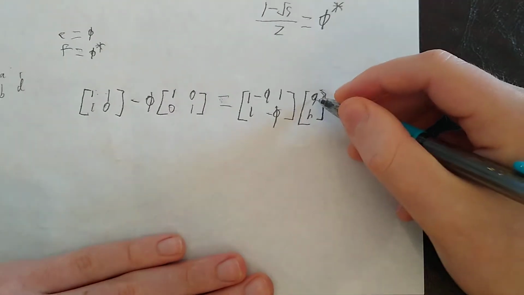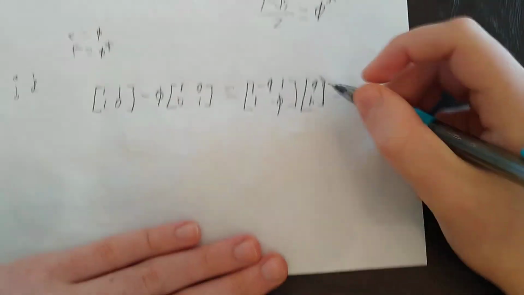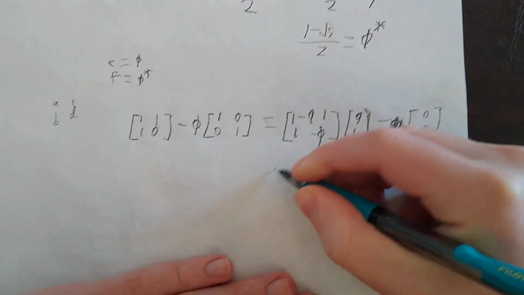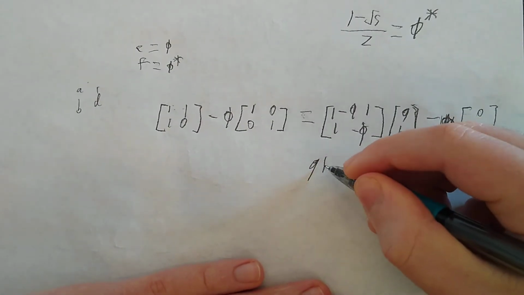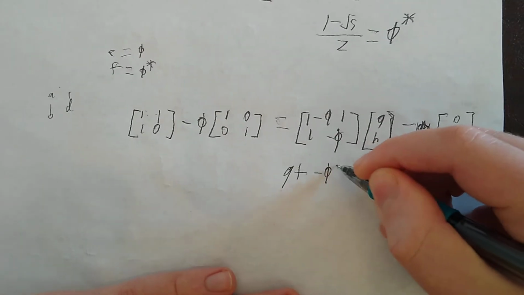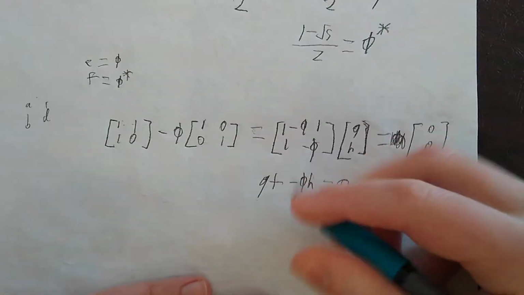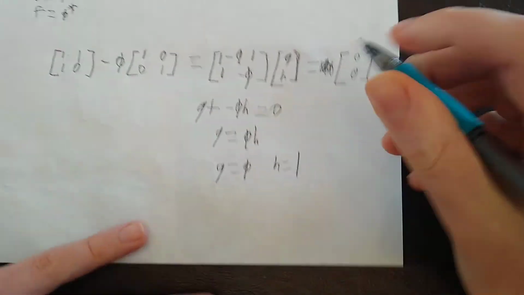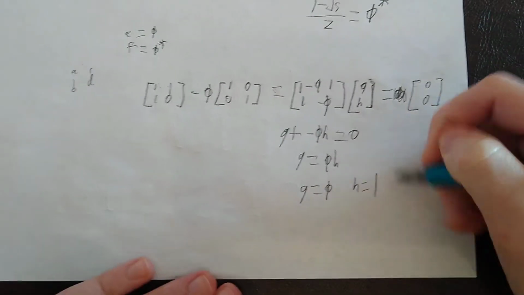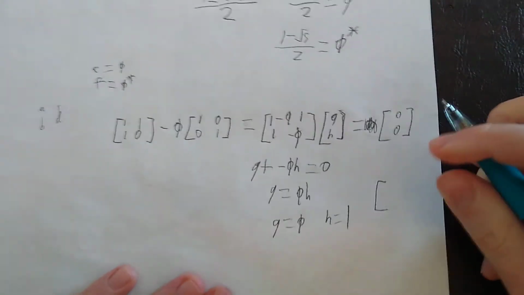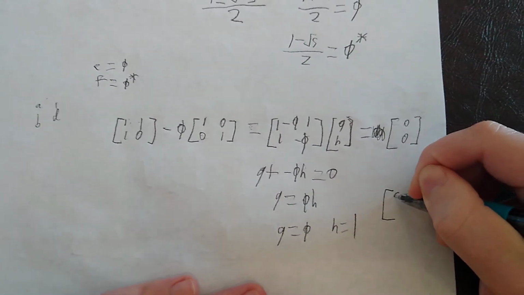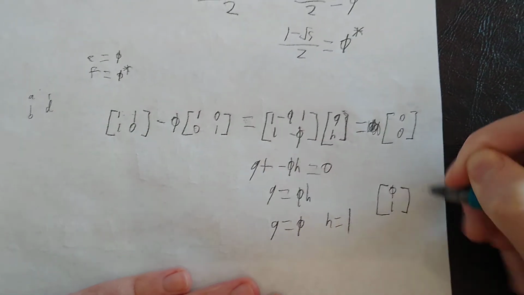And so G and H are just going to be relative to each other. And I should probably put the 0 vector here. And so we know that G plus negative phi times H is going to be equal to 0. And so we know G equals phi times H, and let's make this easy: G equals phi, H equals 1. And so the basis of the null space for phi is phi, 1.